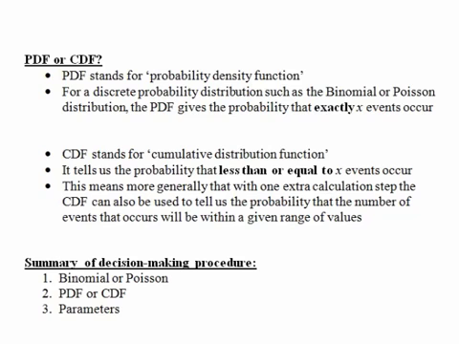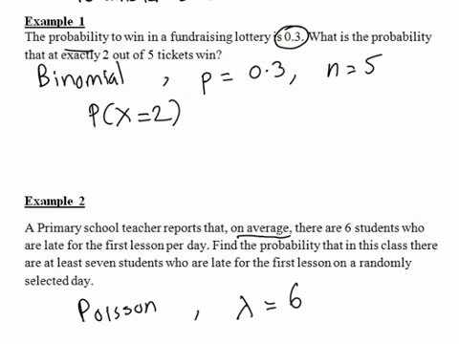So let's just return to our two examples to see whether each of them was PDF or CDF. In our first example about tickets in a lottery, we wanted the probability that exactly 2 tickets win. Probability X equals 2. So therefore that would be a PDF problem.